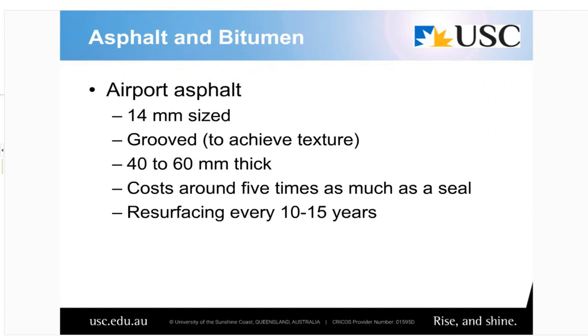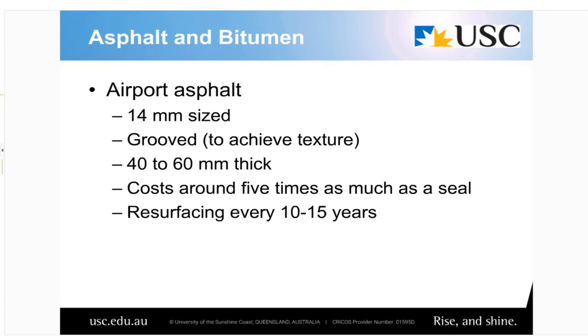Just revisiting quickly, our airport asphalt is usually a 14mm sized mixture, which means the biggest aggregate particle is 14 millimetres in diameter, at least notionally. They're generally grooved for texture and friction, or effective texture and skid resistance, probably more correctly. And those layers are usually built 40 to 60 millimetres thick, and importantly, they cost 5 times as much as a sprayed seal in a typical regional airport.